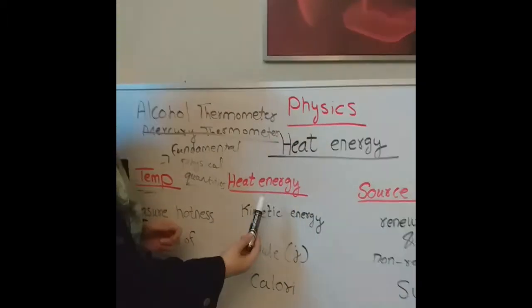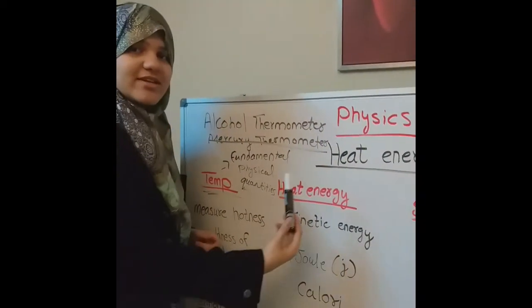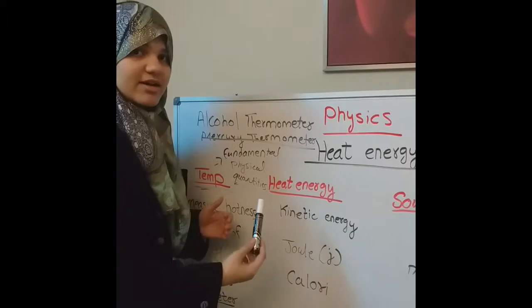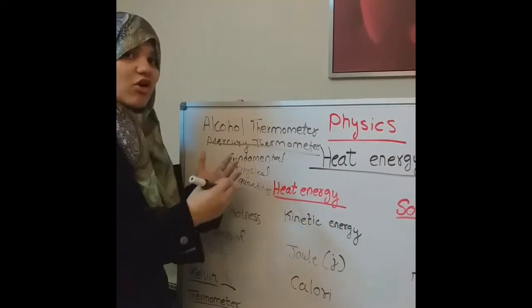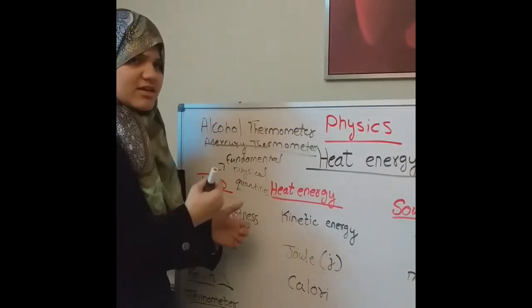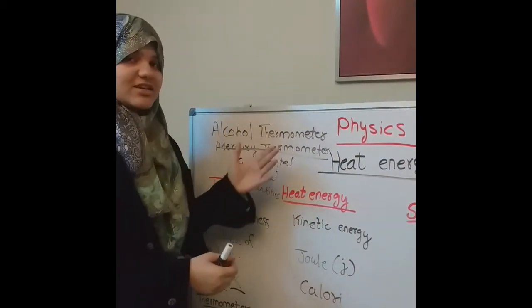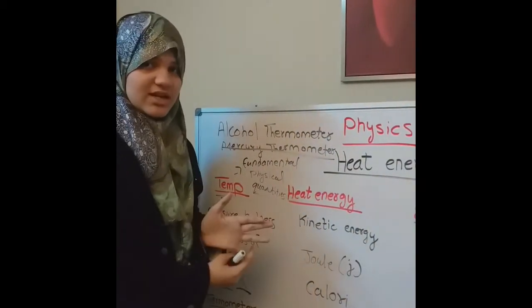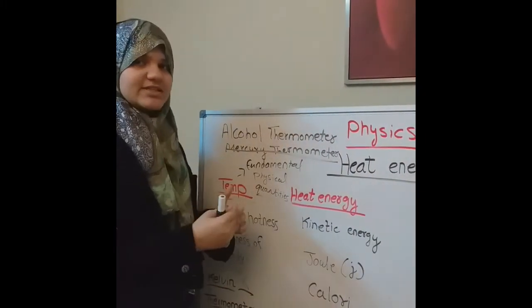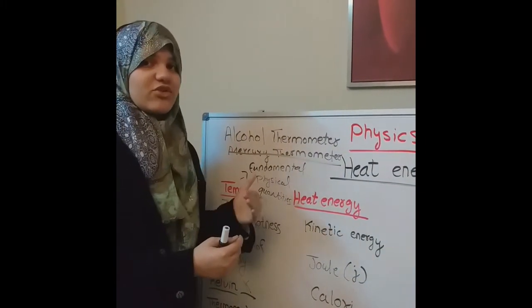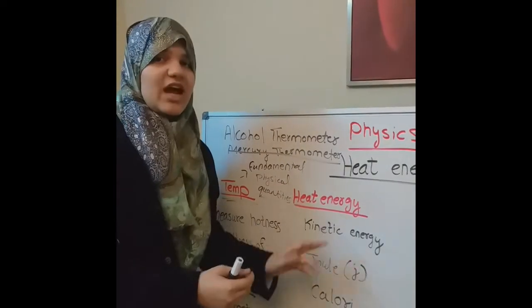Heat energy is the total of kinetic energy of all the particles. The SI unit of heat energy is joule. Another unit for heat energy is calorie.